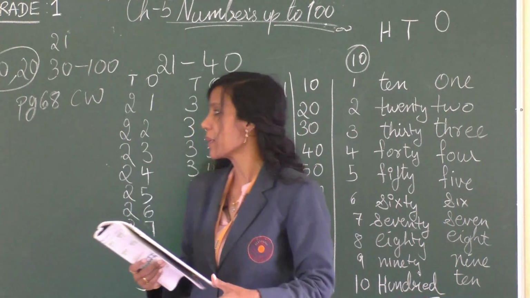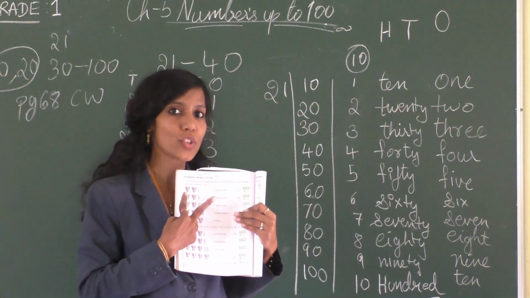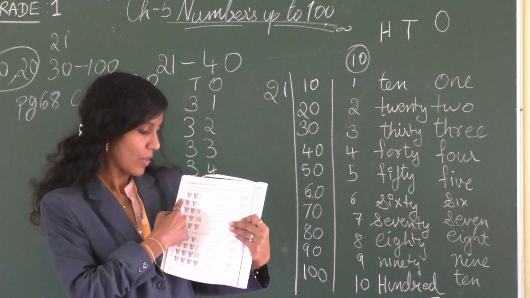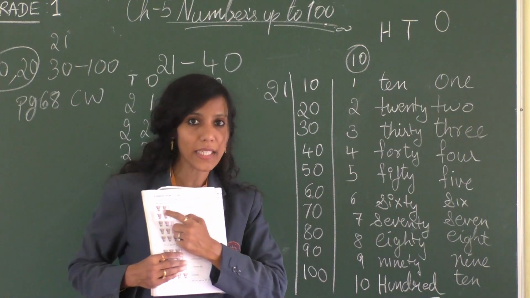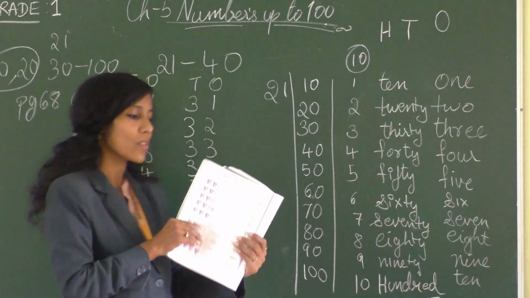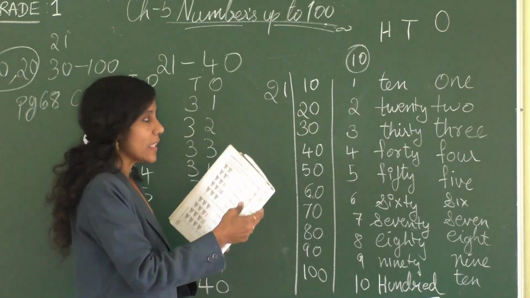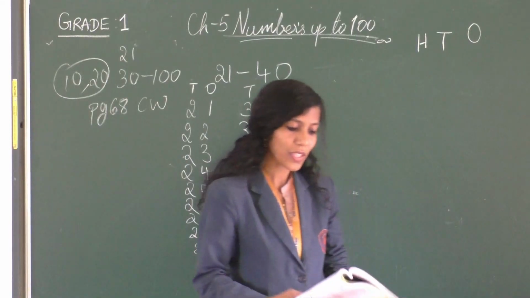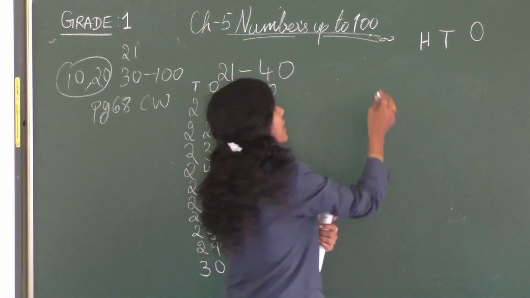What you have to do on page 68 is this: they have shown 2 bundles of color pencils and one single color pencil. So 20 plus 1, they have already written for you as 21. Here, how do you write 21 in numbers?